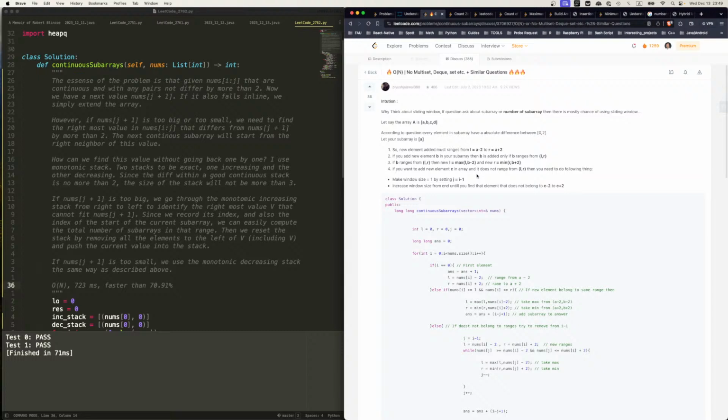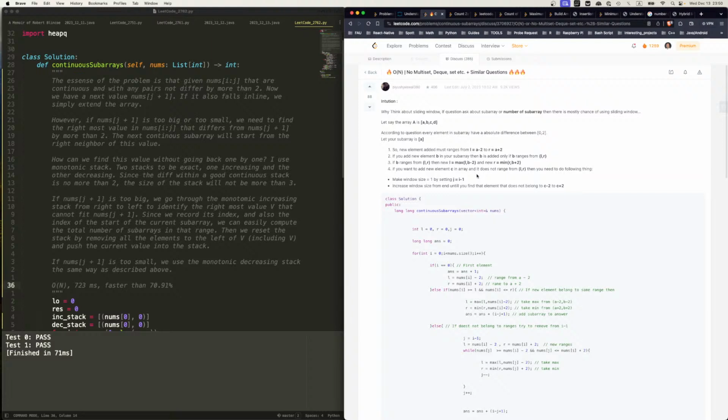If I remove from this, I'm thinking of going left to right, but this is actually going right to left, which does make sense, right?